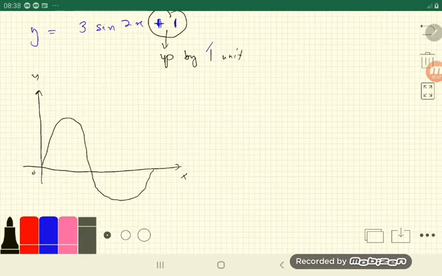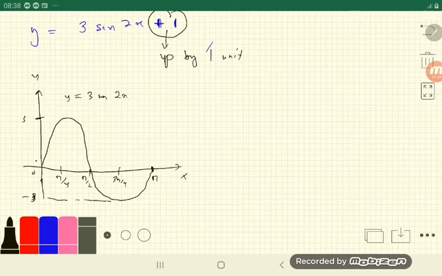So you get here, because this is 3, this is 0, and the lowest value here is supposed to be negative 3, and this is supposed to be 3 pi over 4, and previously this is pi over 2, and here this is pi over 4. Okay, I think this is the last graph of y equals 3 sine 2x.